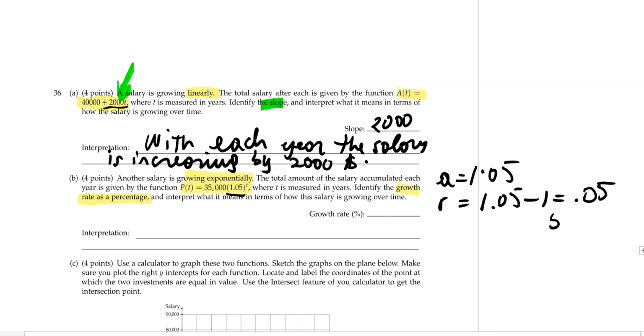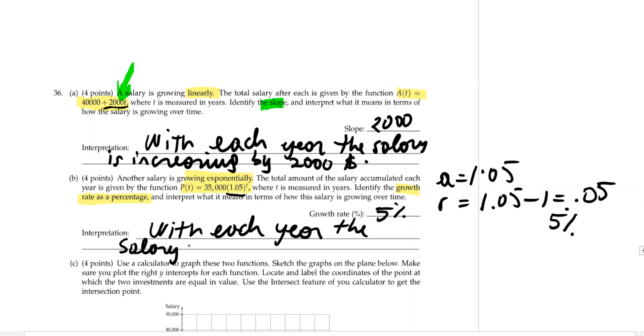And 0.05 as a percentage is 5%. So this is 5%. Interpretation: with each year, the salary increases by 5% of the previous year.